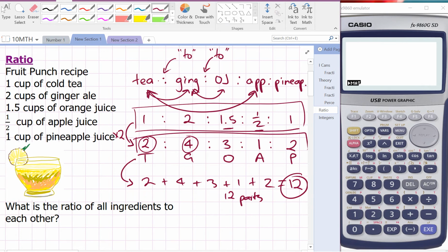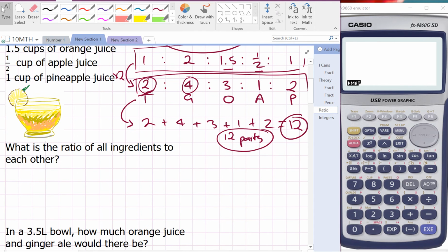Now if we think of 12 parts, we're meaning that of those 12 parts, 2 of those parts will be tea, 4 parts will be ginger ale, 3 parts will be orange juice, etc. And so we can actually turn this into fractions. So we can go from the ratio to fractional parts.